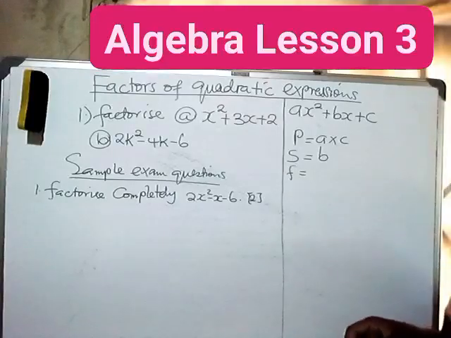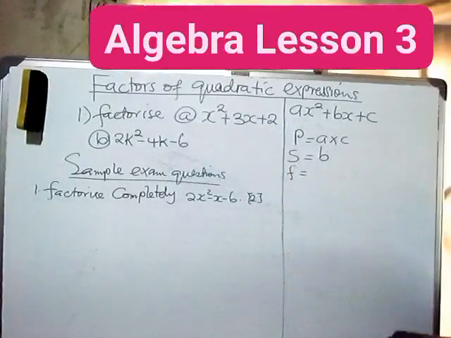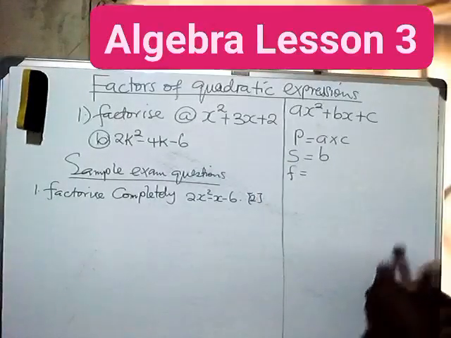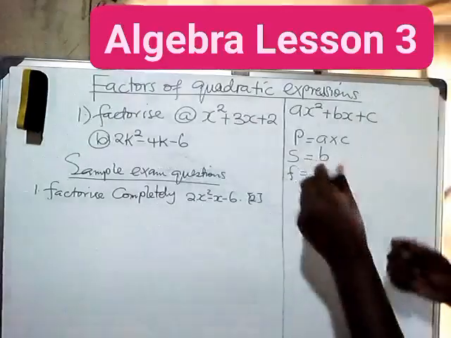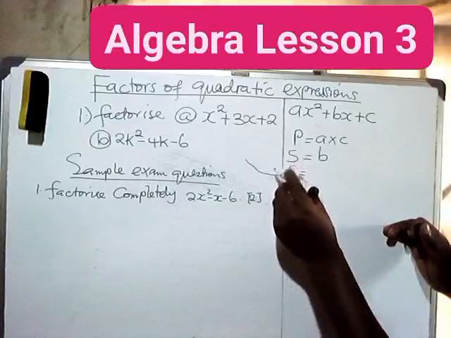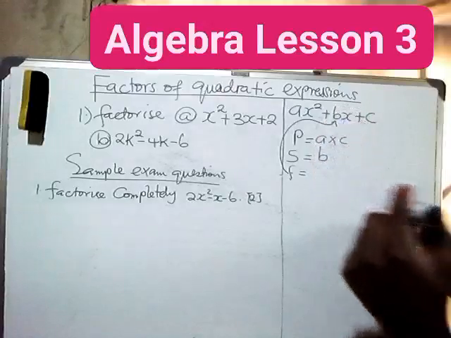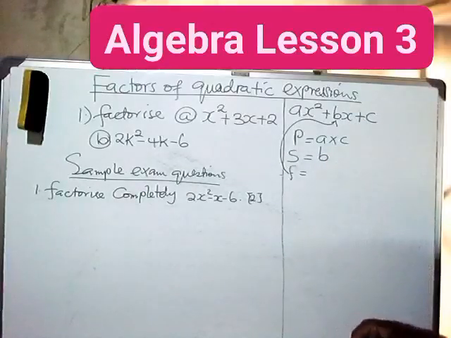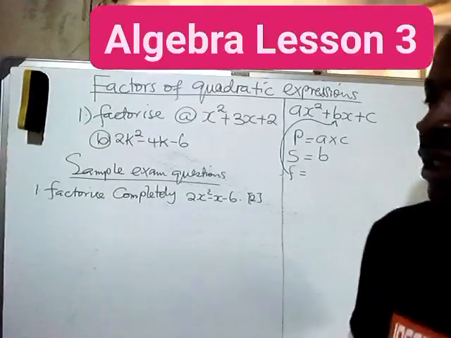In other words, two numbers that multiply to give a times c, but add to give b. Then you replace the value of b with the two factors we have found, but those factors should carry the variable x. Let's see how we can factorize quadratic expressions.